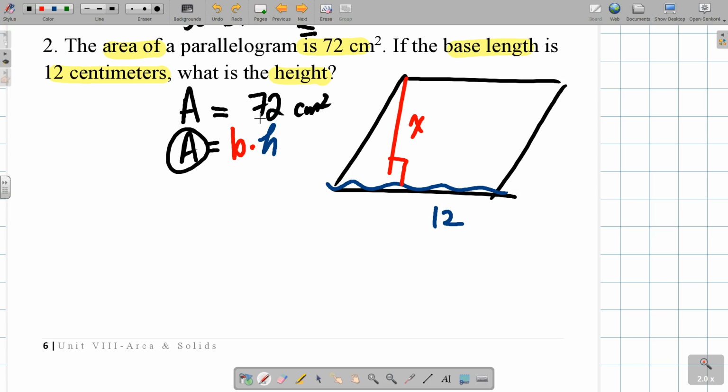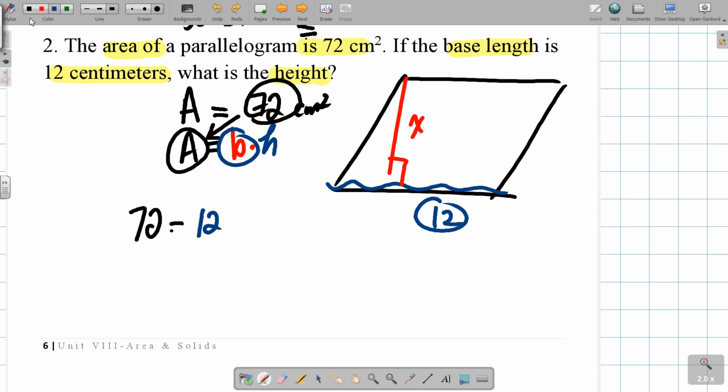A for area. Look what we can replace. 72. Base, 12. Height, don't know.